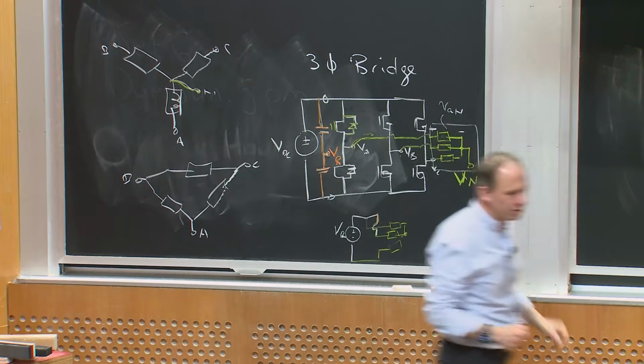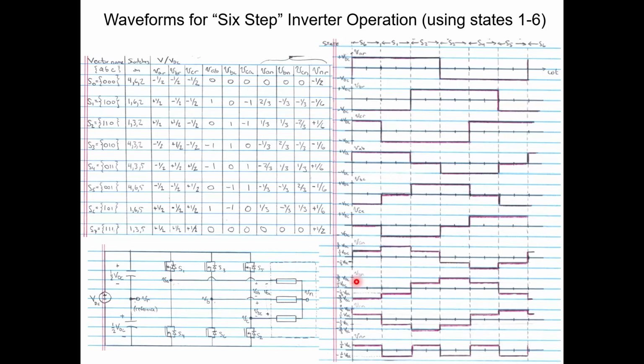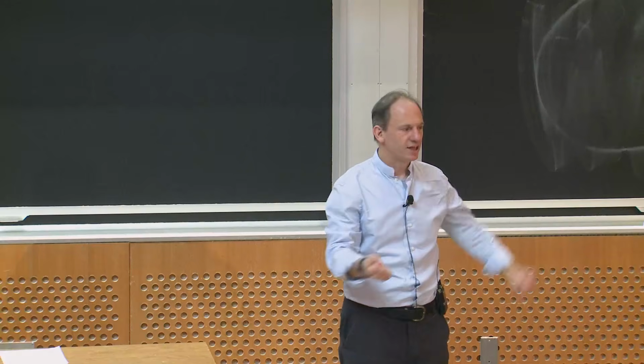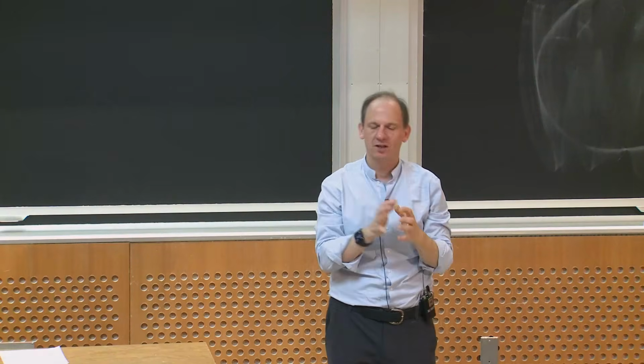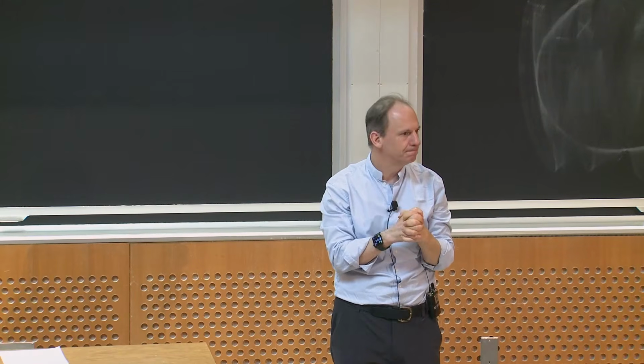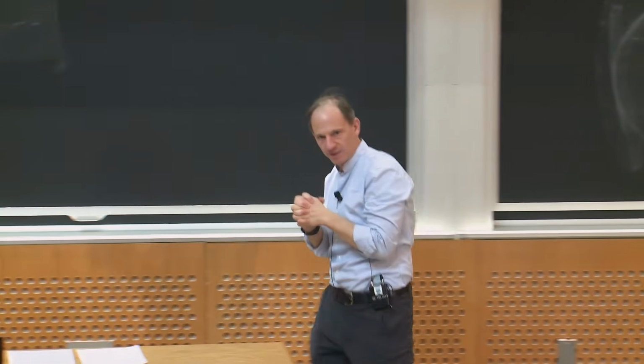Okay, and what you can see is that these 3 suddenly take on this 6-step waveform, which looks just like what the diode rectifier was doing. Okay, it's just that now I am imposing a DC voltage with that 6-step pattern to, say, the machine or whatever it is I'm driving. Any questions about that?